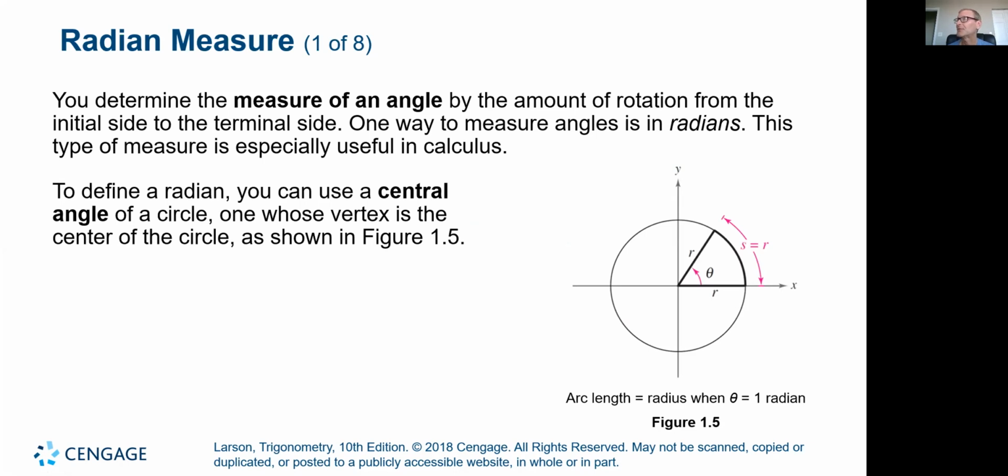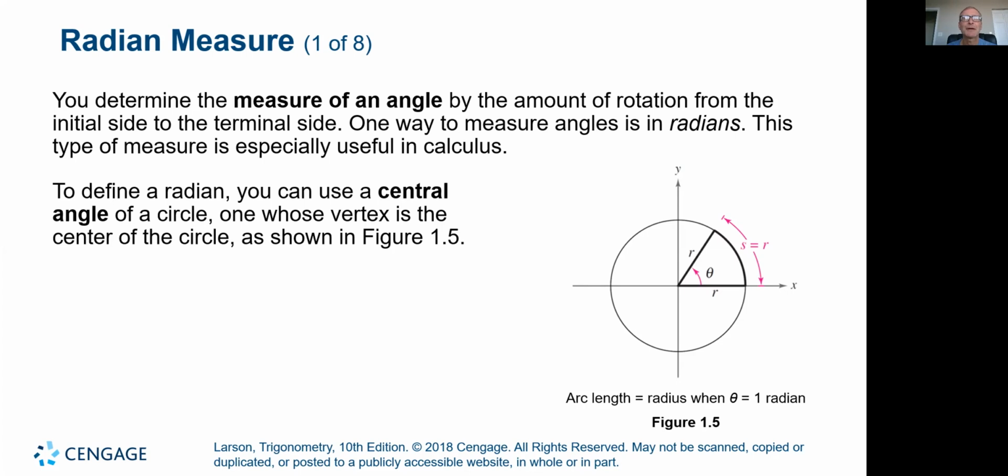And so as you can see here in figure 5, we have a nice circle with a radius of r, and the radius is defined from the center point of the circle all the way to the outer edge of the circle. And the circumference, which is s, is the distance around the circle.